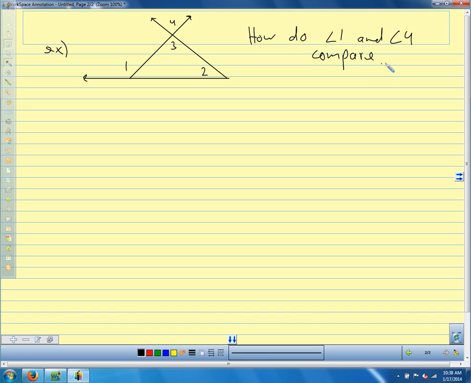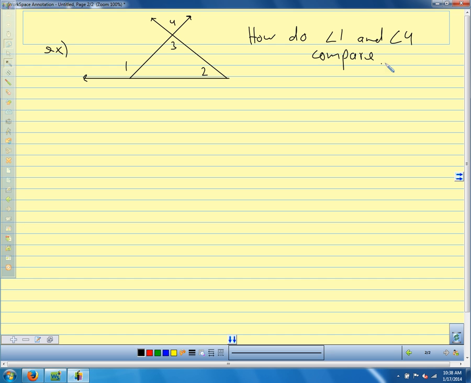So we want to figure out the relationship between angle 1 and angle 4. What do you think, Clay? Not necessarily. We're talking about inequality, so we're thinking bigger than, less than, or the same. So you had an idea, Jordan?